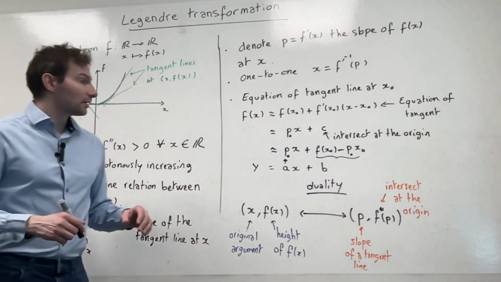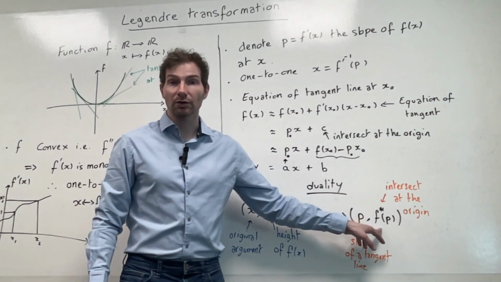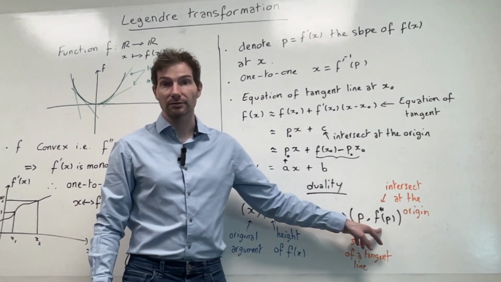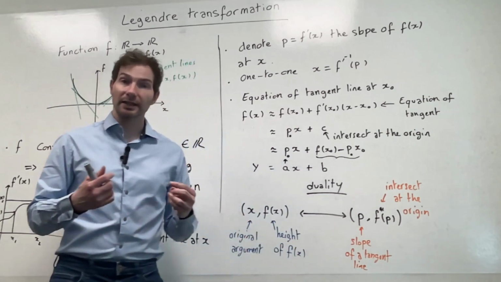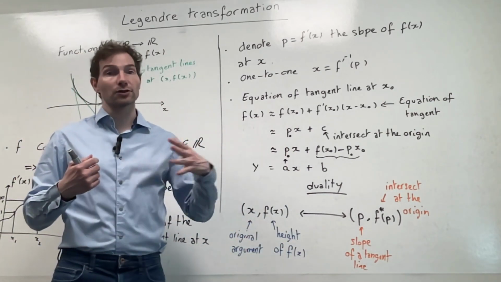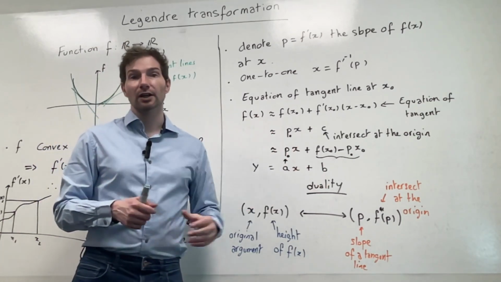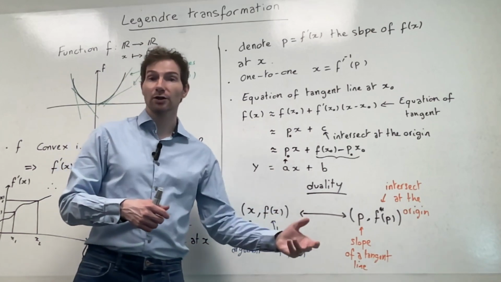Okay, now it turns out that this f star of p is what we call the Legendre transformation. Okay, so it means that now what we care about is we give a range of values for the slope, and that's p, and then we call f star of p, we say that's the intersect of that slope.